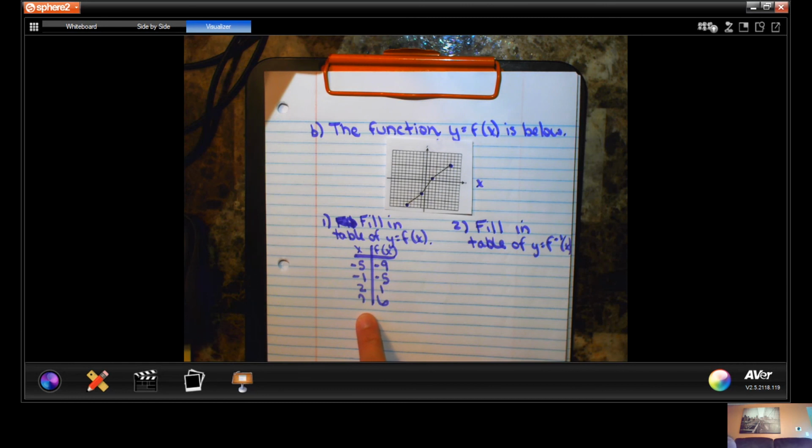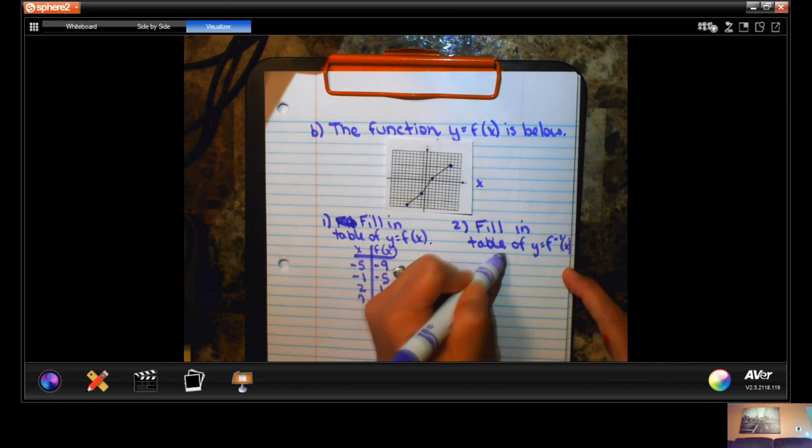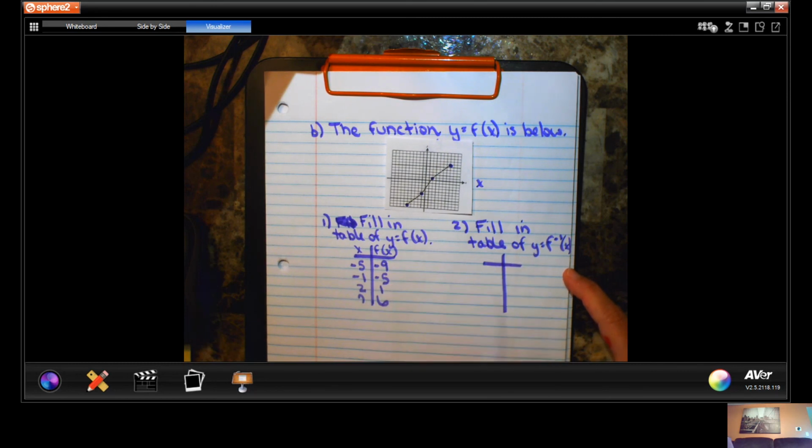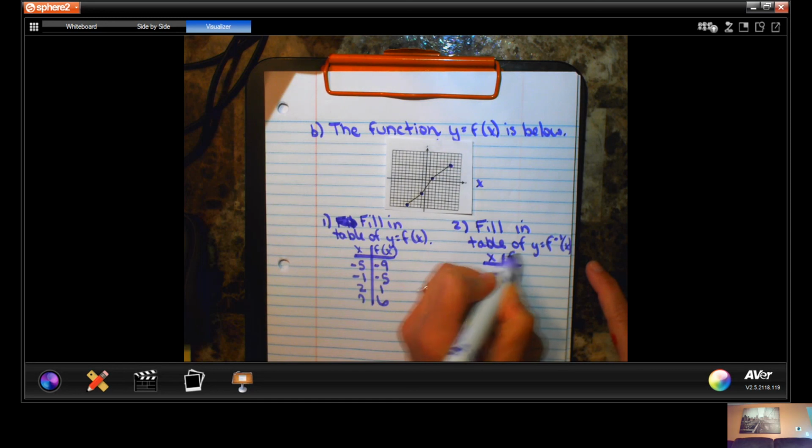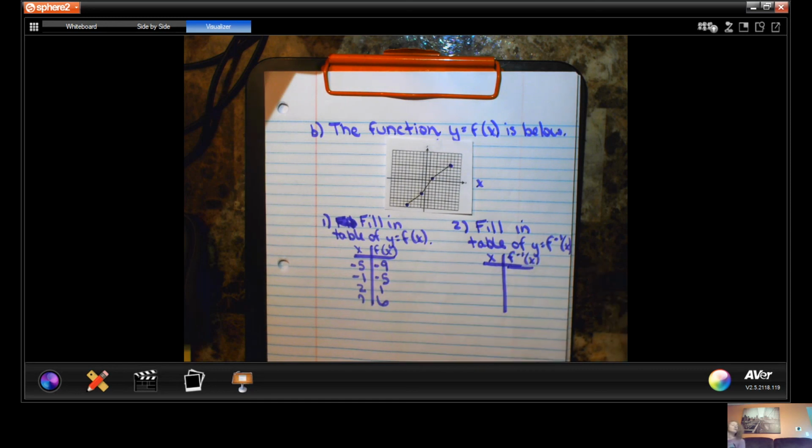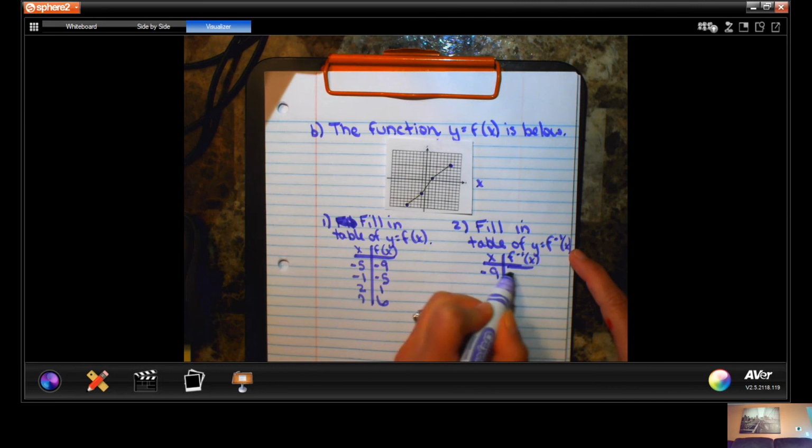So remember on the previous page, if we have a point on a function, a point in the inverse would be flipping these numbers. So if I make a table, instead of x and f of x, we're going to put x and the inverse of f of x. That little -1 means inverse again. So if -5, -9 was a point on the graph, the inverse will have -9, -5.